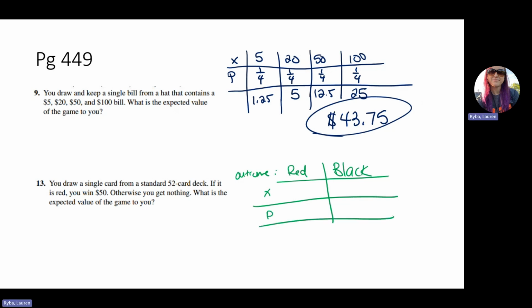If you draw a red, you win $50. So what happens when you draw a red is you get positive $50. When you draw a black, you win $0. Half the deck is red, half the deck is black.